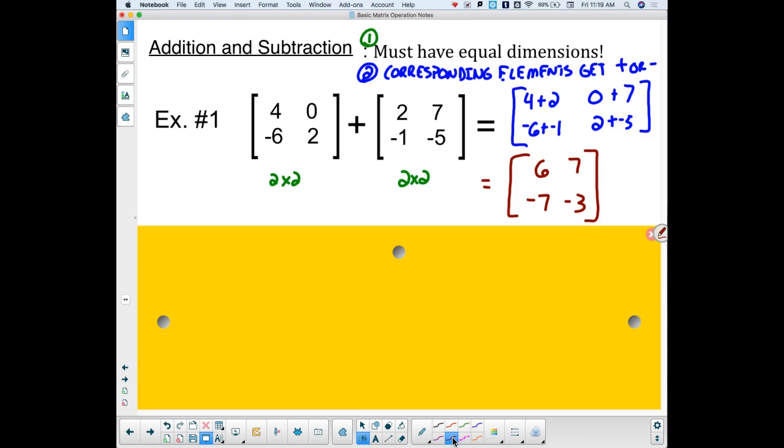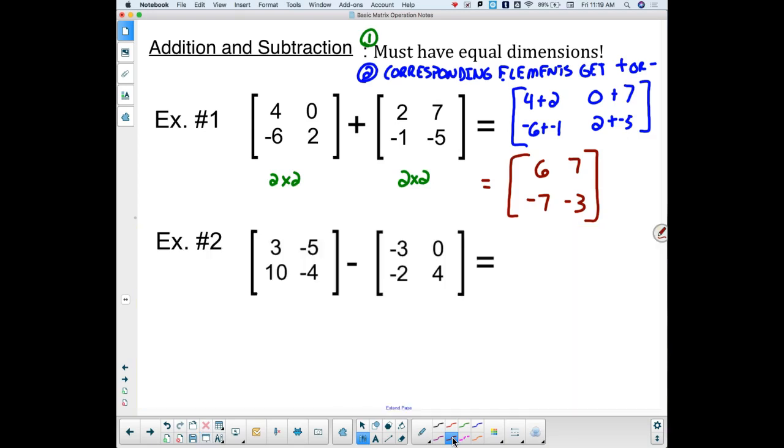Left to right, top to bottom, pause a little bit after each row. Or say, first row is 6, 7. Second row is negative 7, negative 3. You want to be as clear as you can to the recipient of your information. Try that one.